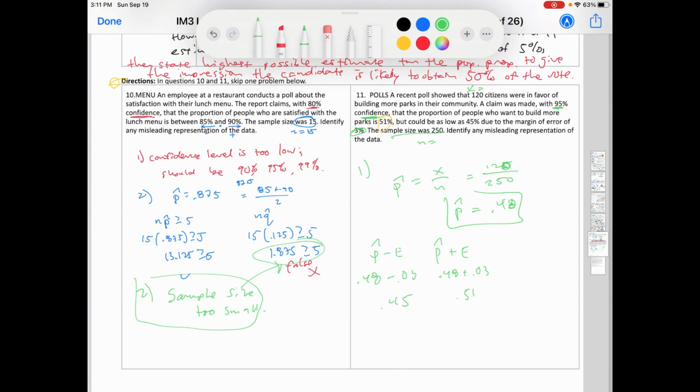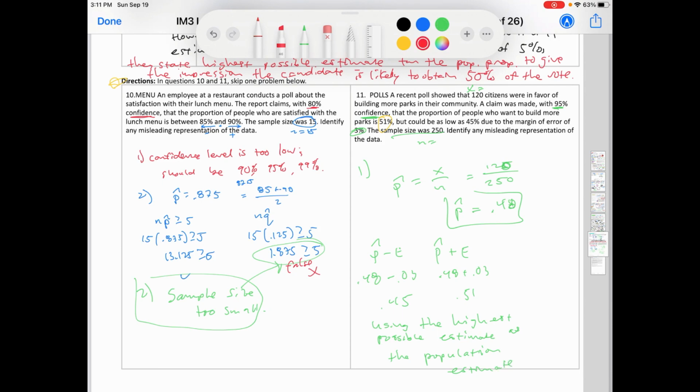So the error is using the highest possible estimate as the population estimate.